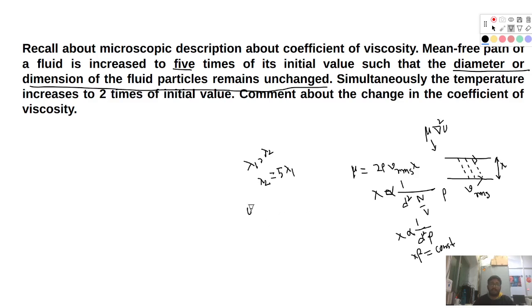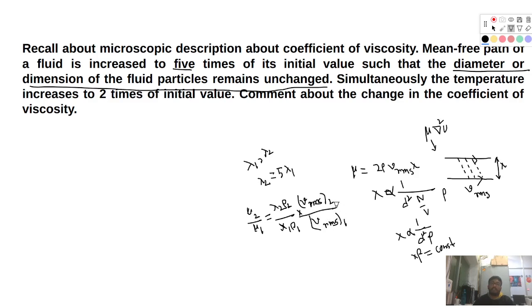Fine. Now if you consider the ratio of mu1 and mu2, you have lambda 2 rho 2 v_RMS 2 by lambda 1 rho 1 v_RMS 1.